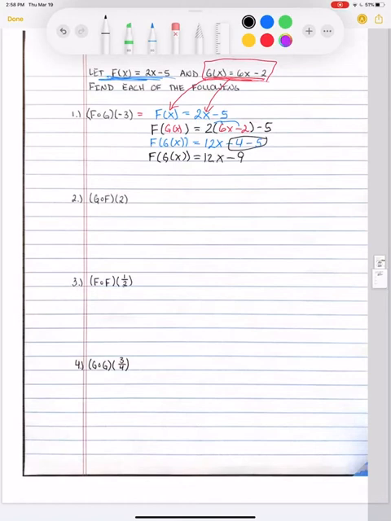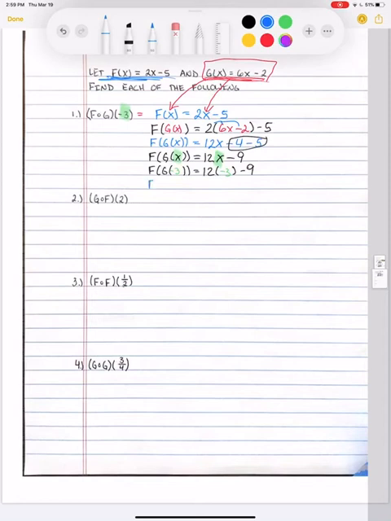Now what I cannot forget, guys, is this negative 3 that I have to plug in here and here. So this is going to become f of g of negative 3. I'm going to write my little parentheses and plug in my negative 3.